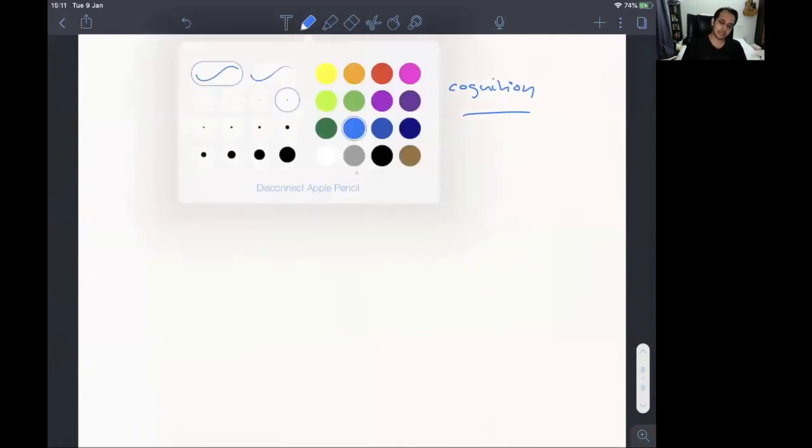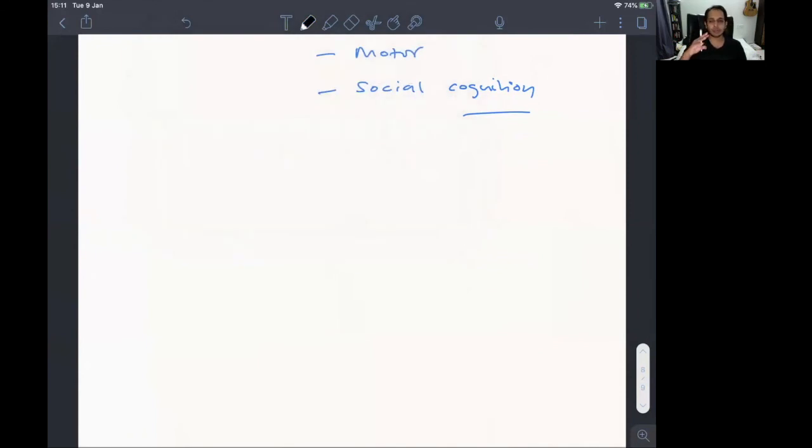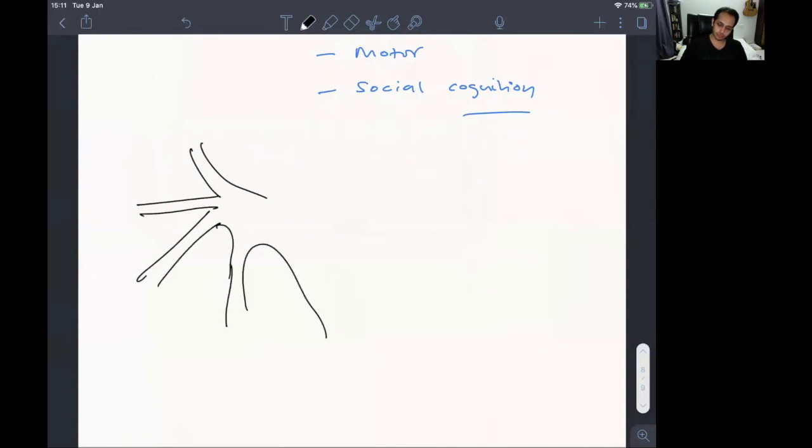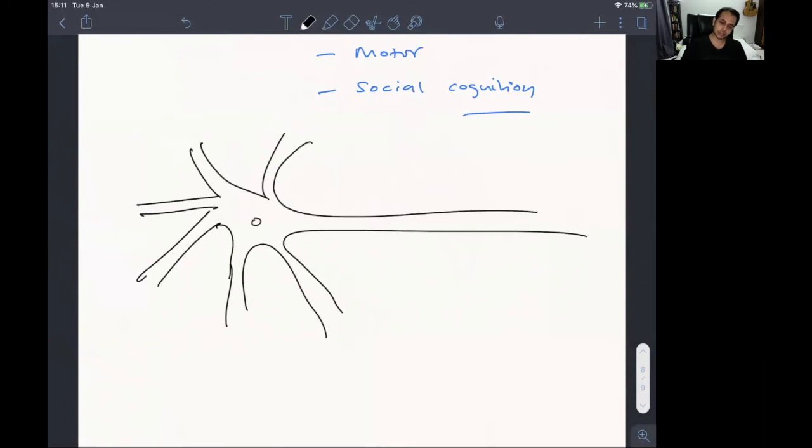Now, what is the pathology? What is the concept of Alzheimer's? So the basic idea is that your neurons are dying. Okay, so let's draw a neuron. So this is a cell body and this is an axon.